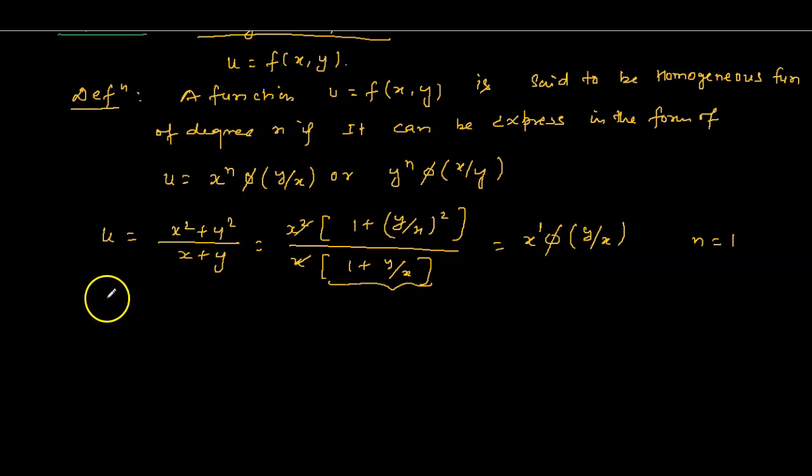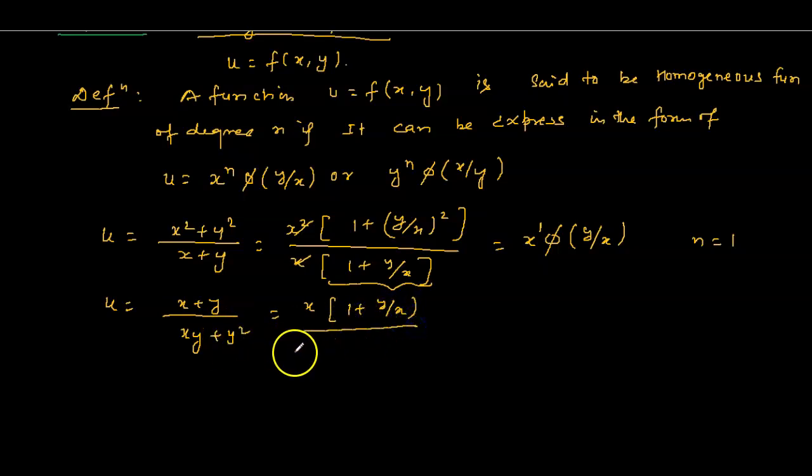If you write like this, u is equal to x plus y given here, and this is given here xy plus y square. So here if you take the maximum power outside, you can take x, so you'll get 1 plus y by x. Here if you take the maximum power outside, y square, so we'll get x by y plus 1.